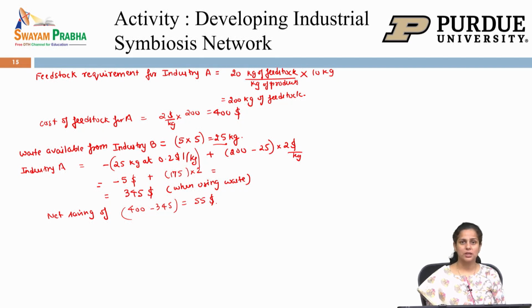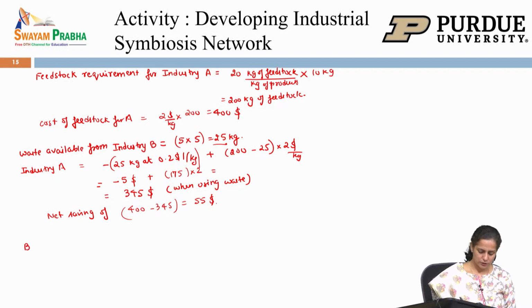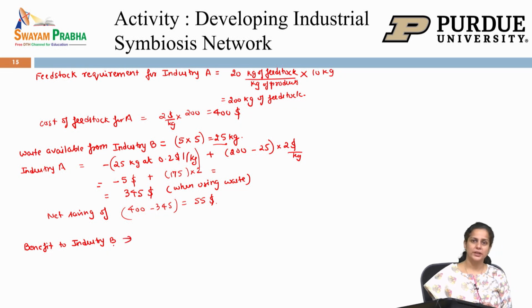So, it is an economically profitable proposition for industry A to get the waste from industry B, because industry B is paying them to get that waste. What is the benefit for industry B? There is some waste disposal cost.